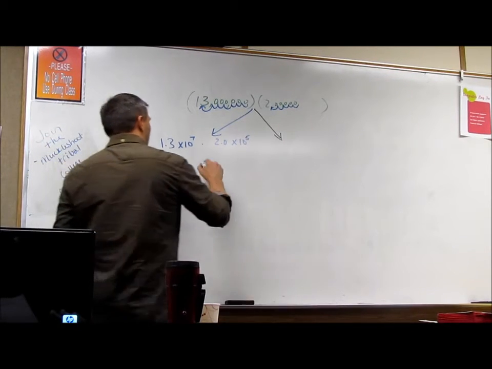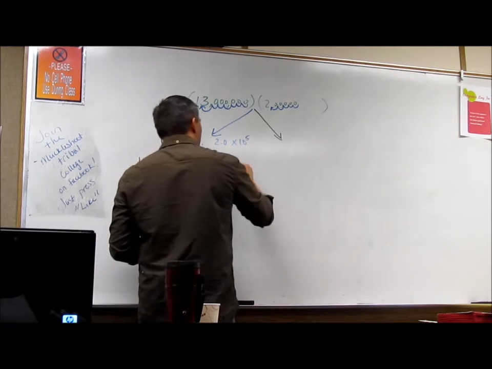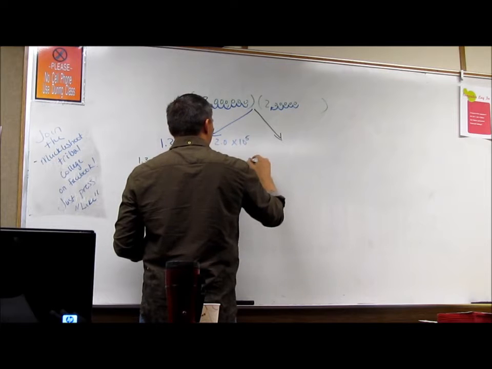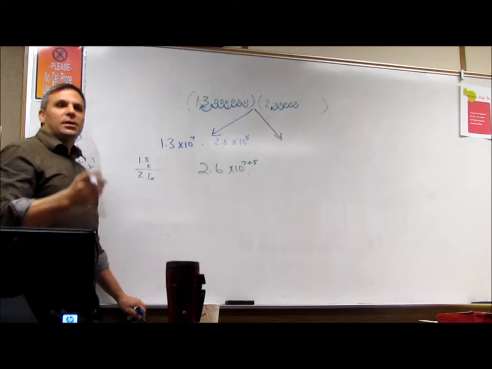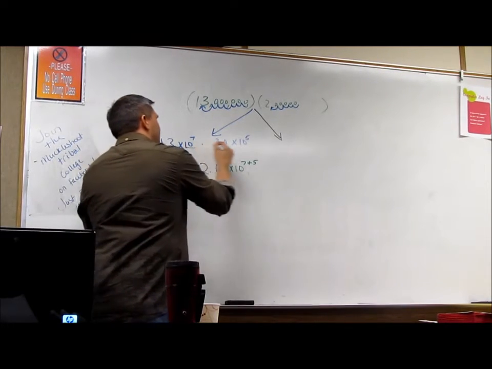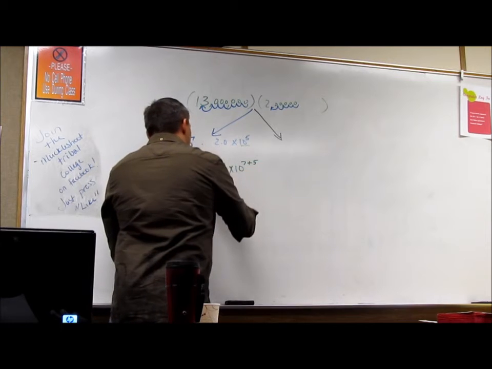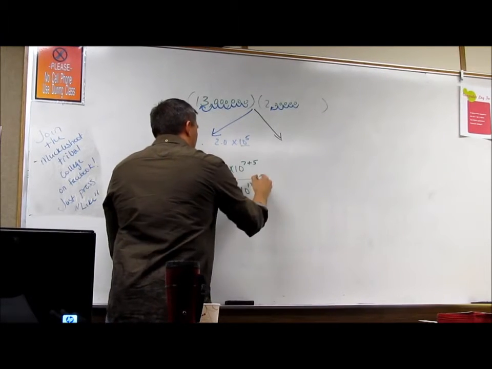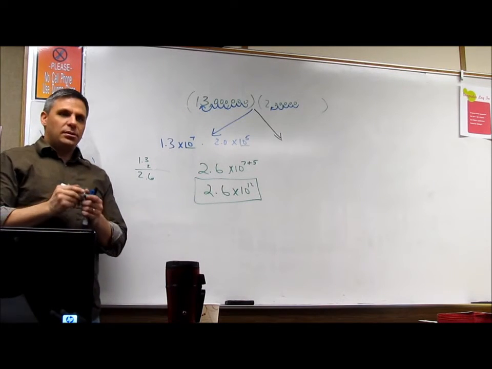Okay? So, not a problem yet. 2.6. And then when I multiply 10 to the 7th times 10 to the 5th, I'm getting 7 plus 5, right? Because I'm multiplying powers that have the same base. So I add the exponents. So I get 2.6 times 10 to the 12th.